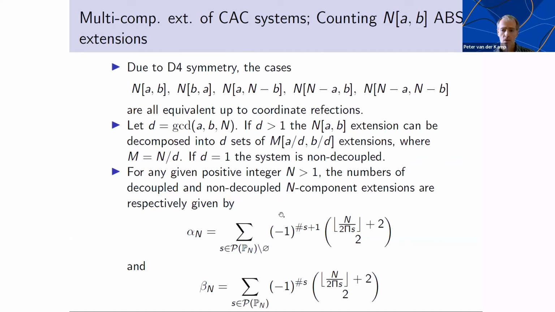You can count the number of extensions. P is the power set. This P is the number of primes in the integer n. So you take the power set, you sum over all the elements in that power set, and this is the product of the elements in that set, and that will give you the number of non-decoupled and decoupled n-component extensions.